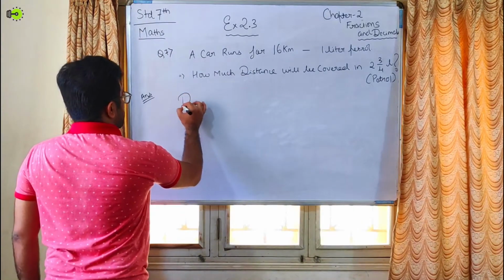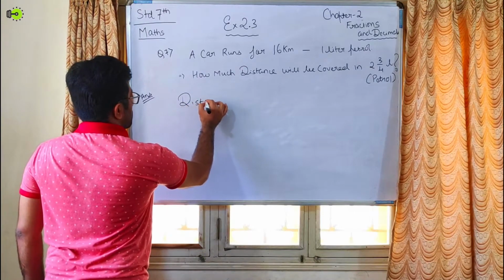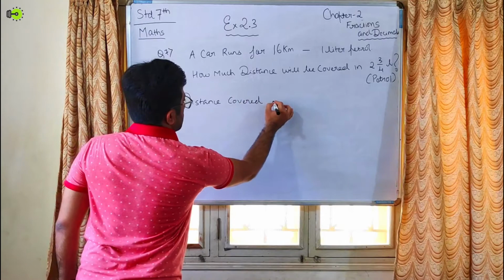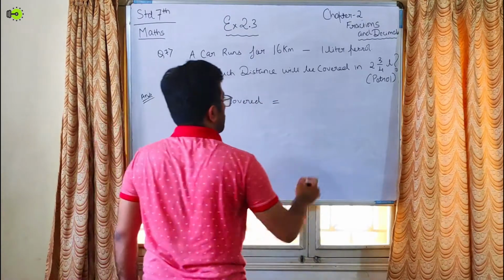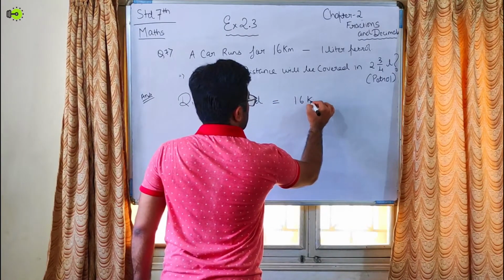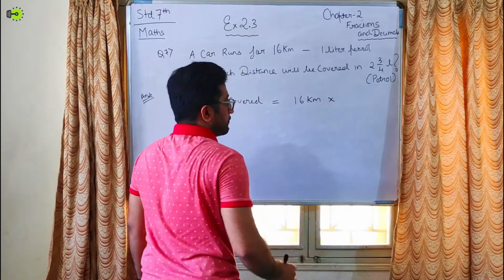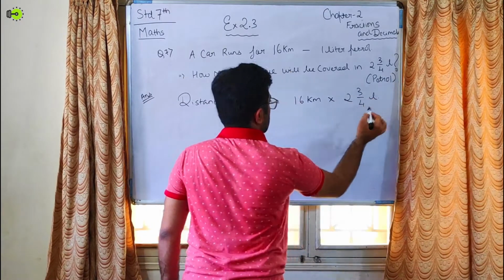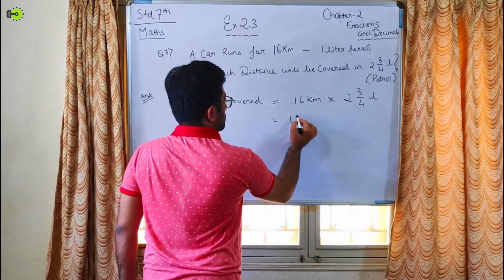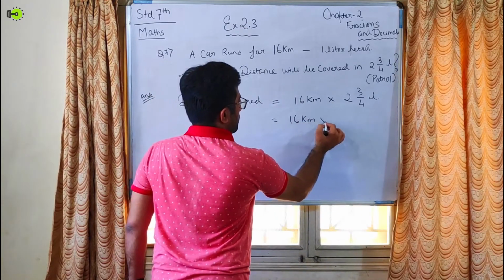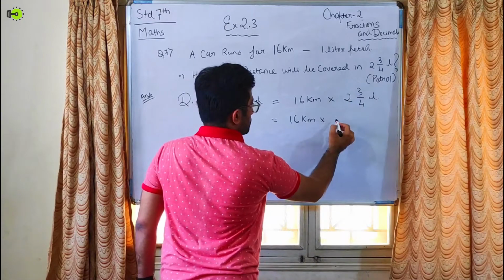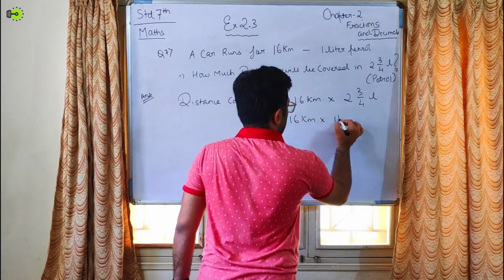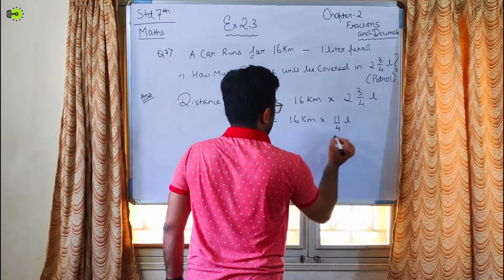So our answer is simple. Distance covered is equal to 16 kilometers multiply 2 3 by 4 liters. Okay, so 16 kilometer multiply, we will convert this: 4 twos are 8, 8 plus 3 will be 11, 11 by 4 liter.